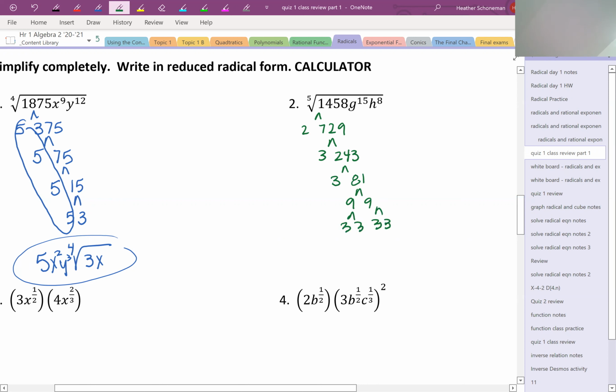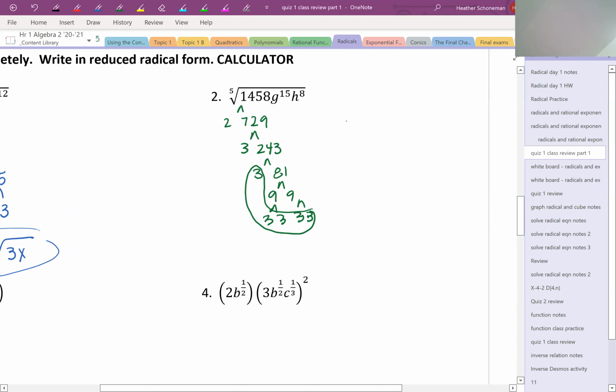But this time I'm looking for groups of 5. So here's a group of 5. So when I'm writing my answer, I've got my 3 that goes outside from the group. And then inside, I not only have 2, but a 3 as well. And then I've got the 5 on my shelf. For the variables, in 15, there are 3 groups of 5.